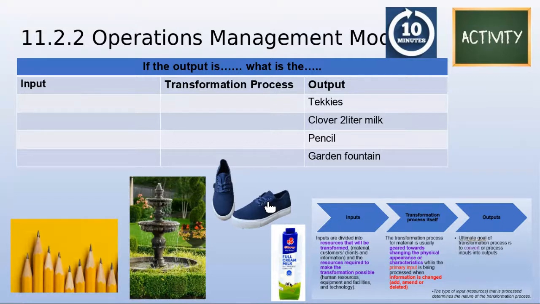Okay, a garden fountain, guys. What goes into manufacturing a garden fountain? Okay, we'll need grass, yes. Okay, we'll need water, cement, okay, we'll need labor as well. What about, yes, Megan, that's what I want to say.